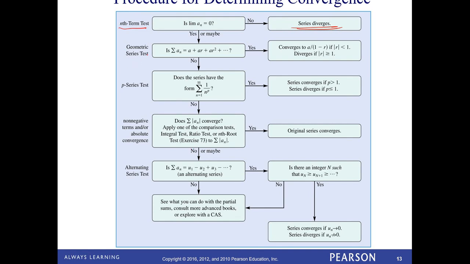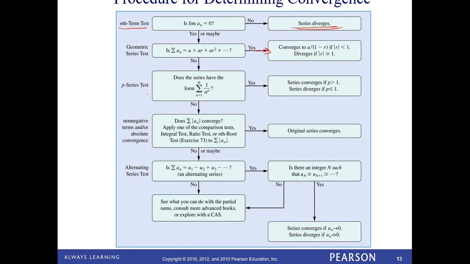The geometric series is the first one I would look for. If it is a geometric series, then it converges to a over 1 minus r if the absolute value of r is less than 1, and it diverges if r is greater than 1. So if it is a geometric series, we can use our regular geometric information using r.